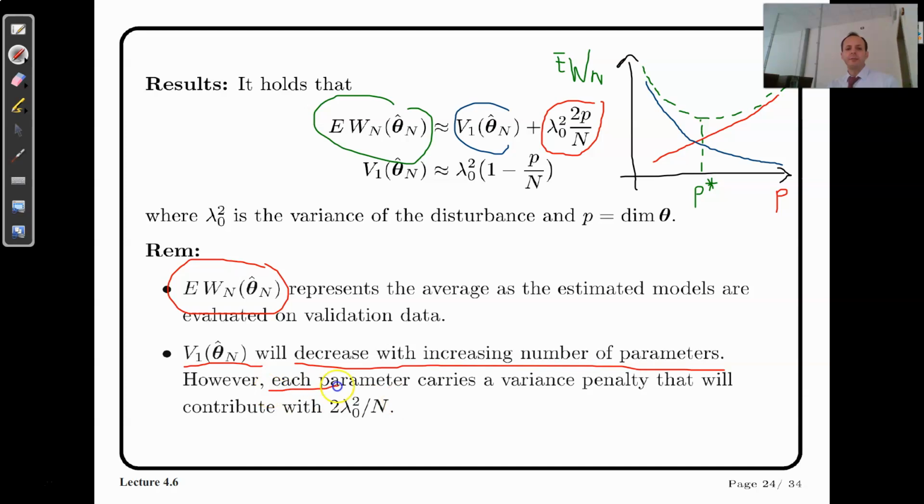However, each parameter carries a variance penalty that will contribute with this factor. So this cost function has two contributions. That's why it can be used for understanding if your parameters were selected in an appropriate way.